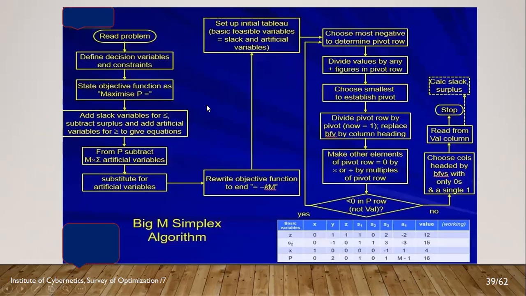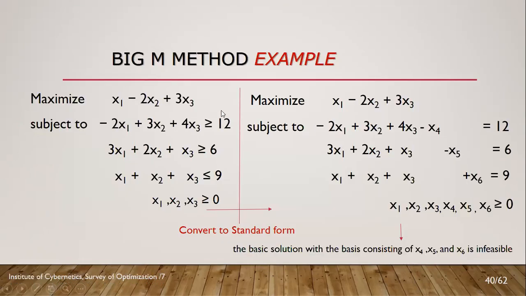So this is the flow chart of this method, and we move to the example, which is a maximization example in which we have 3 variables. We have 3 constraints. 2 of them are greater than or equal constraints, and 1 of them is a less than or equal constraint. And we have also a non-negativity constraint for this model.